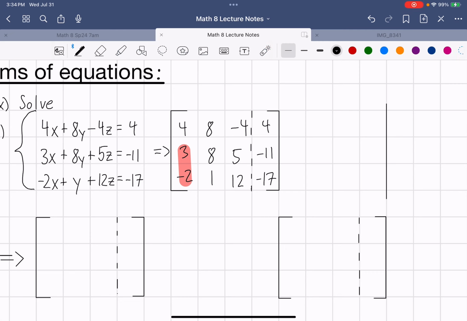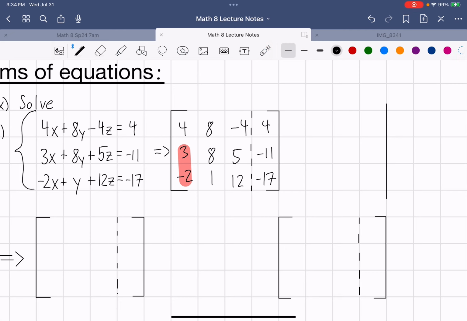So, how do I eliminate this, right? That's where we use elementary row operations. So I'm going to start by knowing that if I want this to be 0, that tells me I need to change my second row.